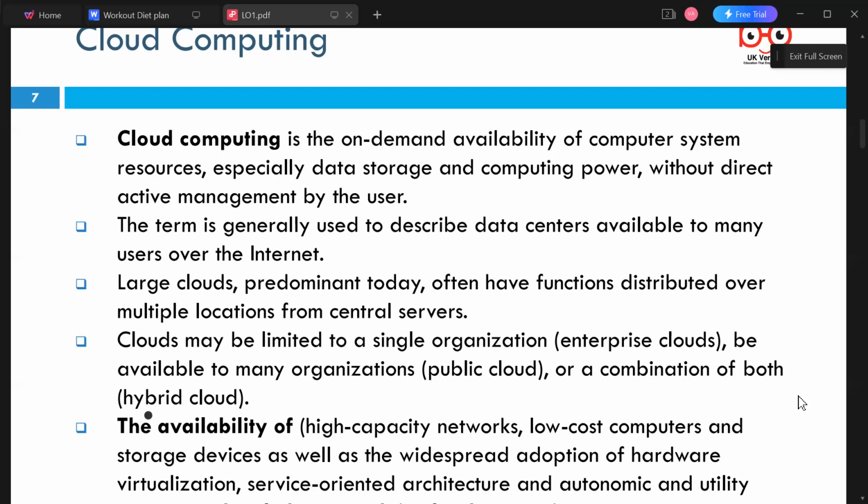Where we used to store data in a remote server, now it is possible to do this through cloud computing, where these large clouds predominantly today often have functions distributed over multiple locations from the central server.